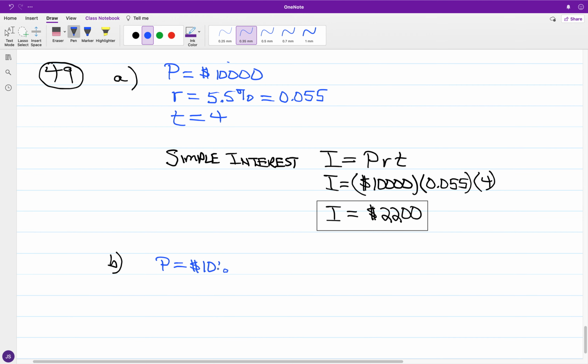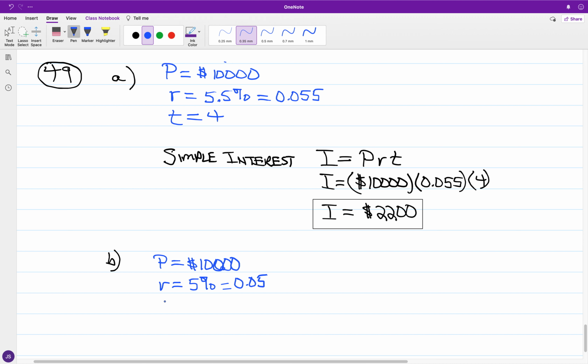And the quoted percentage rate is 5%, whereas the decimal is 0.05. And again, the time span is still 4 years. And now for this plan, you're looking at 5% compounded continuously.